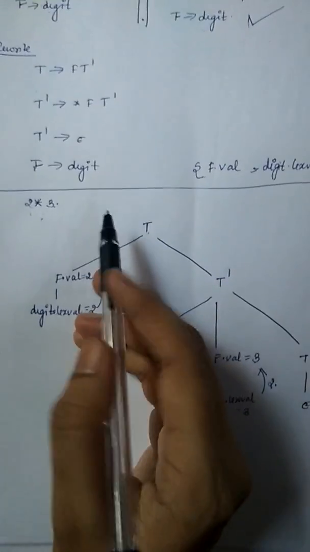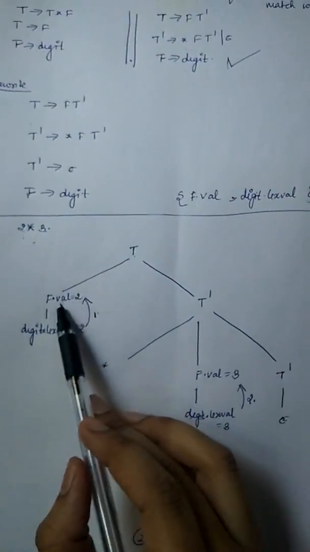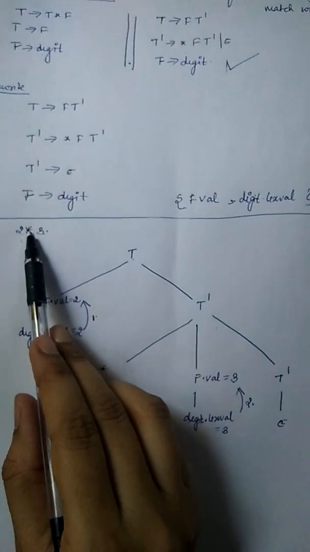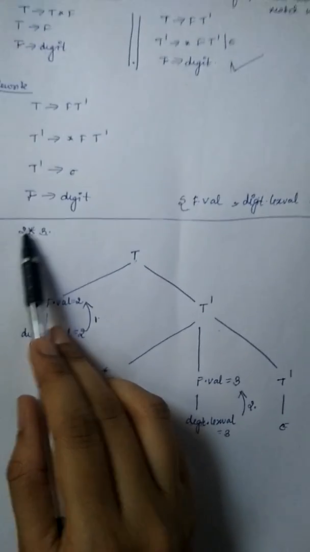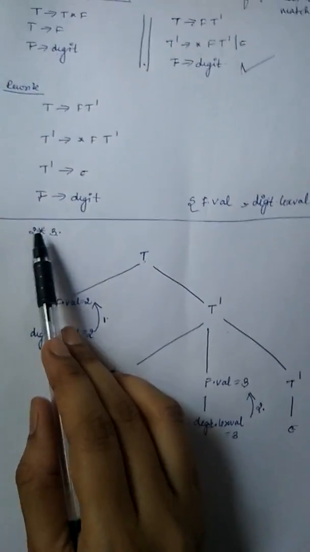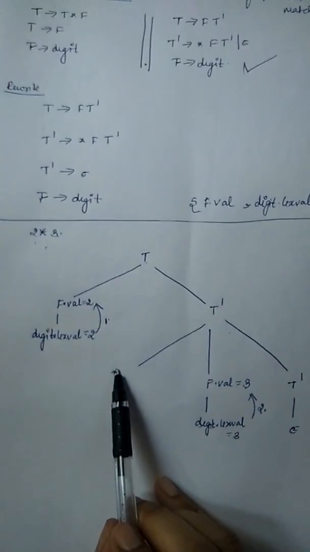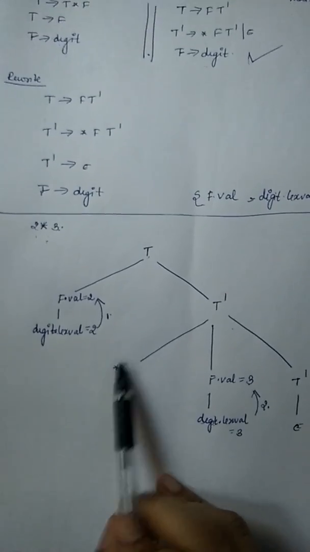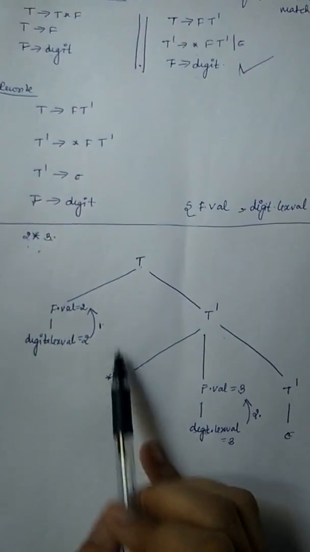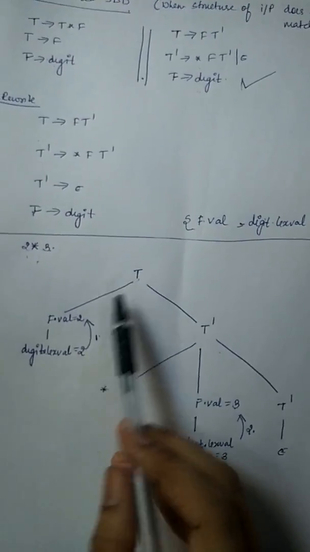Okay, yeah. Next, you see here star. See, this is the left subtree, this is the right subtree, and the operator, which is star here. 2 and 3 are the operands and star is the operator, right? So the operator, which is star, is associated with the right subtree, but one of its operands to its left, that is 2, is associated with the left subtree.